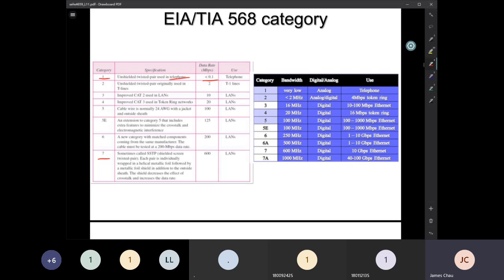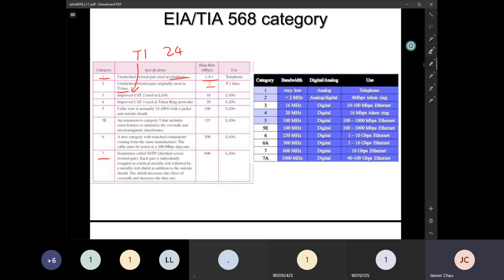And Cat 2 you have T1. Actually it is a bundle of 24 digital telephone lines together. Therefore, the data rate is larger, up to 2 megabits per second.